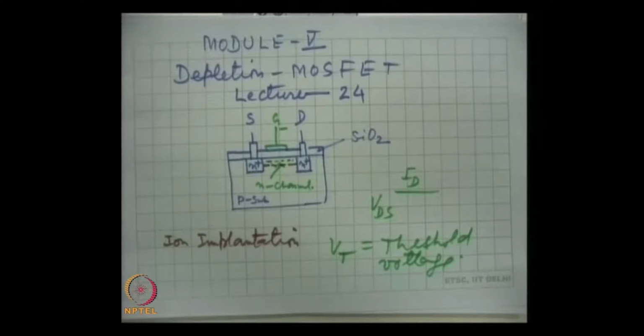It is the gate voltage which depletes the mobile charges from the channel completely.